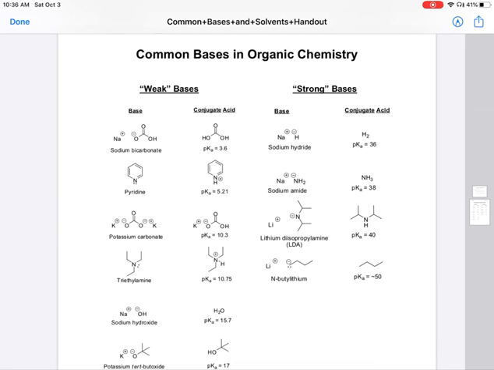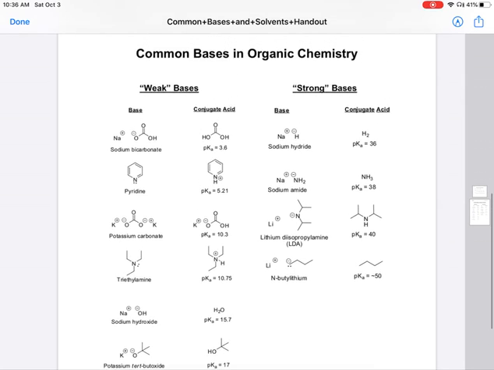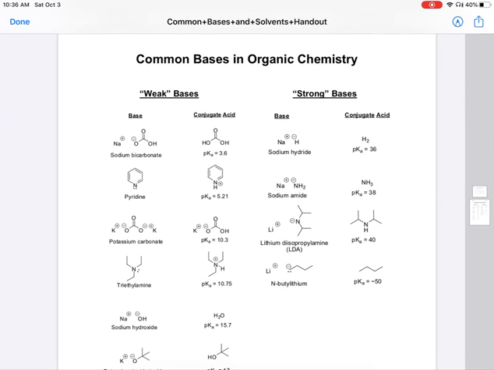So you can try to pick a base that has a conjugate acid with an appropriate pKa value. And then on the right-hand side, we have strong bases. And typically we're going to use these strong bases, but we'll see later on that there are uses for weak bases as well.